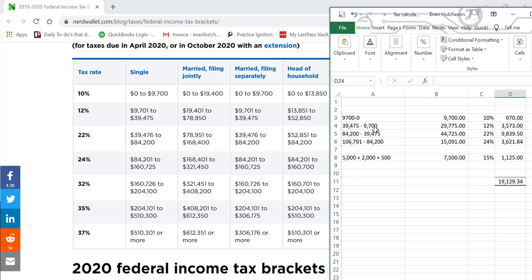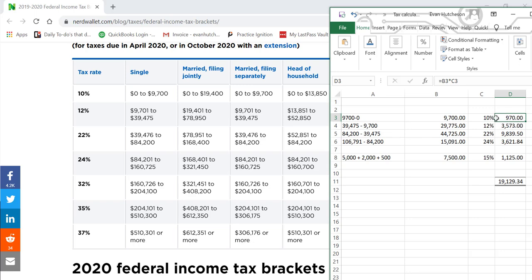That's taxed at 10%, so the tax is $970. The next section, 39 minus 9,700 equals 29,000, so the 29,000 is taxed at 12%, so that's $3,500. And then the next section, 84 minus 39 equals the 44, taxed at 22%. That's almost 10 grand.